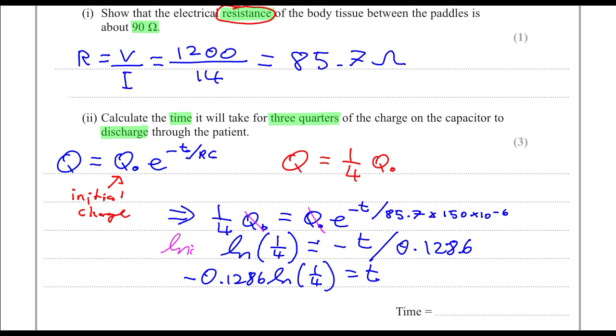So we times this by ln 0.25, and the time will be 0.018 seconds.